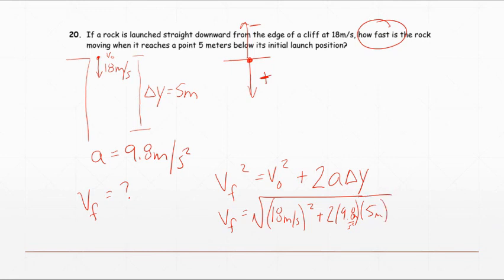When I calculate all of that out, I get the square root of 422, which gives me a velocity of 21 meters per second down, or you can write negative 21 meters per second.